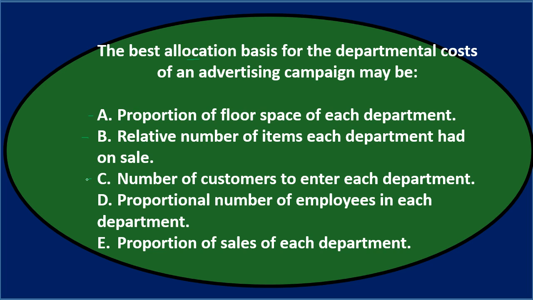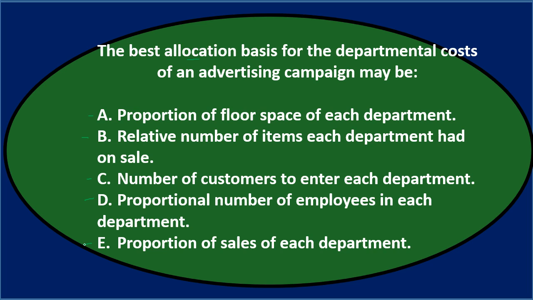If we know the number of customers, we can use that as a ratio. D says the proportional number of employees in each department. And again, very common kind of method that we would use. And E says the proportion of sales of each department. And again, that's a very common thing to use. So basically we could use any one of these.